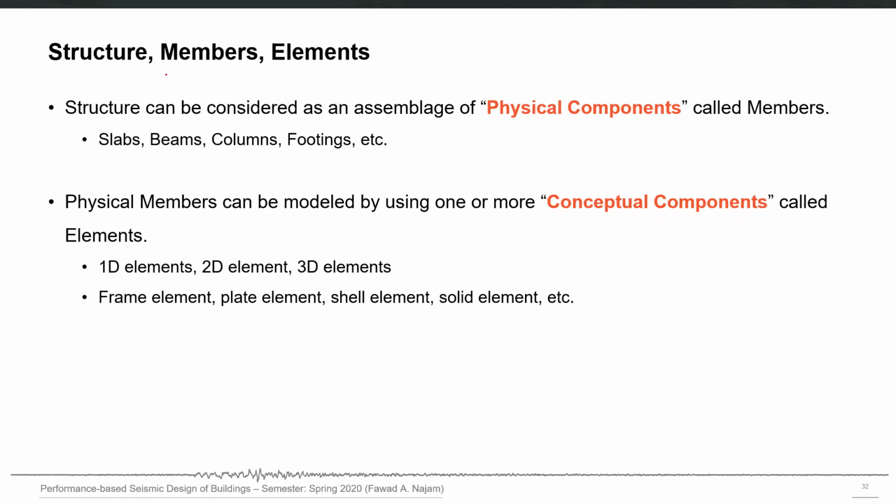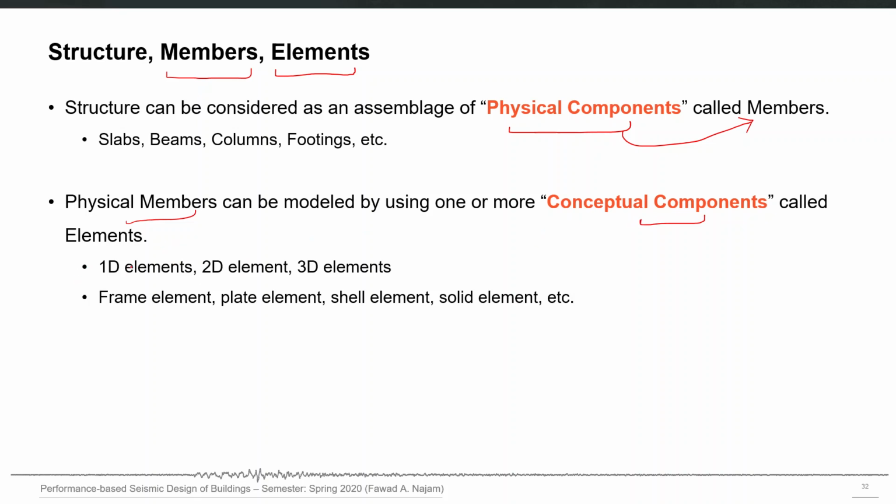So a quick clarification between what I mean by members and by elements. A structure can be considered as an assemblage of physical components, and I am referring to those physical components as members. So when I say the word members, I mean, for example, slab, beam, column, footing. And in a finite element software, these physical members can be modeled by using one or more conceptual components, and I am using the word elements or finite elements for those conceptual components.